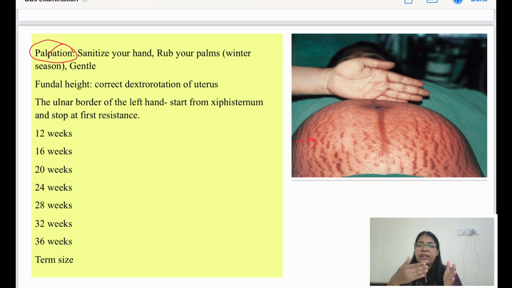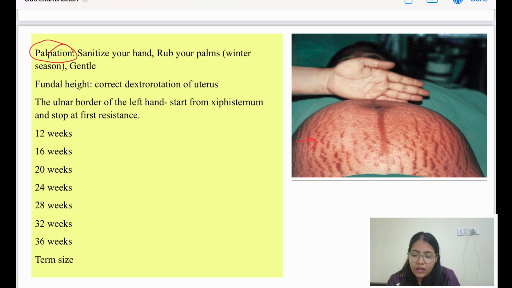So with the right hand you correct dextrorotation by pushing the flank a little towards the center, and with the ulnar border of the left hand you start measuring the fundal height starting from the xiphisternum, and always be gentle with the patient. So you just start from the xiphisternum, you come down and down until you feel any resistance, and stop at the first resistance. Don't push it, otherwise fundal height will be wrong. Just stop at the first resistance.